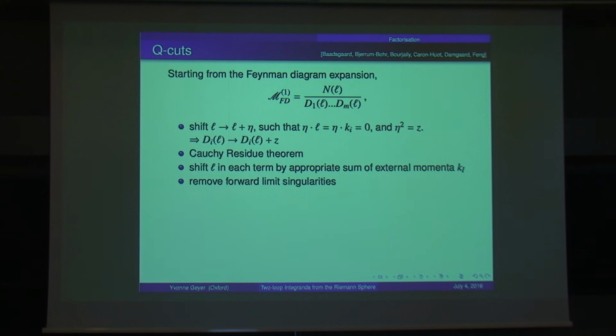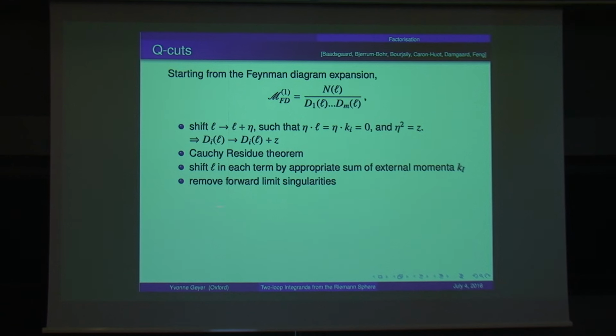Now, just by definition of these propagators, it shifts all of them by a factor of Z. So what we can do then is apply a Cauchy residue theorem that wraps the contour around, so then we get exactly the sum over shifted integrands that Ricardo was showing you. And by shifting L by an appropriate amount in each term, we can factor out a 1 over L squared in front.